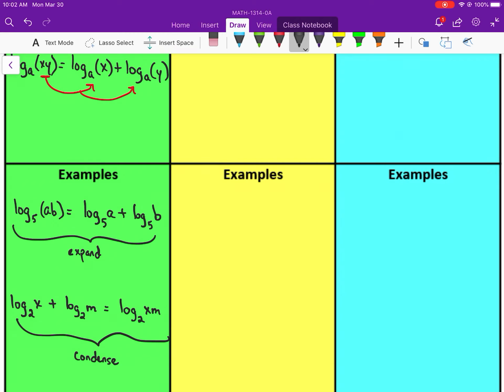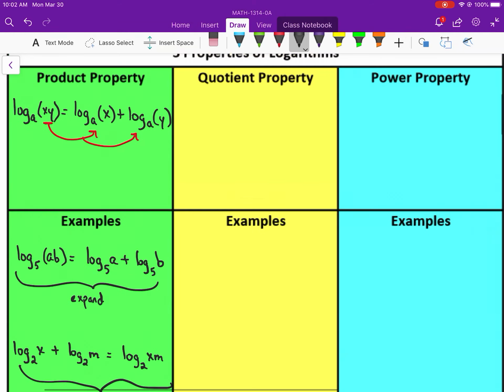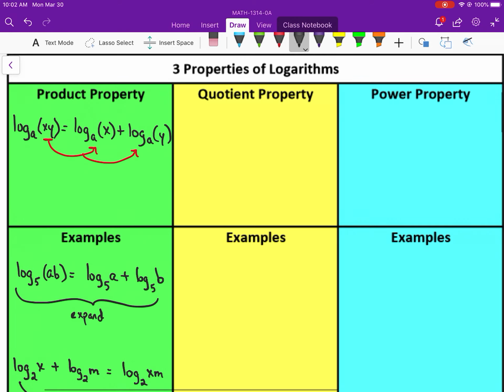So we're just going to put them both together. So this is considered a condensed problem. Now, there's not going to be very many problems in HOX where it's just one property. Most of the problems in HOX are going to concern multiple properties. And again, we'll see some of those here in just a minute. So these are just basic examples just showing one property, expanding and condensing.